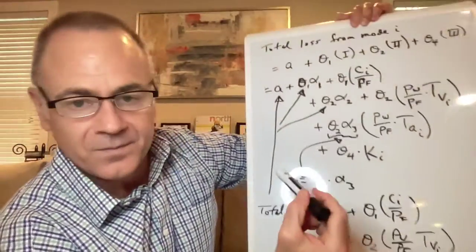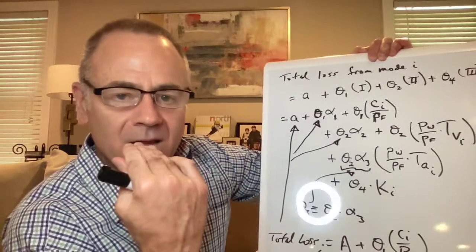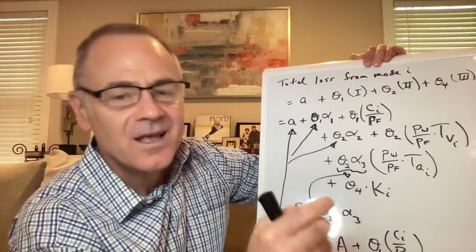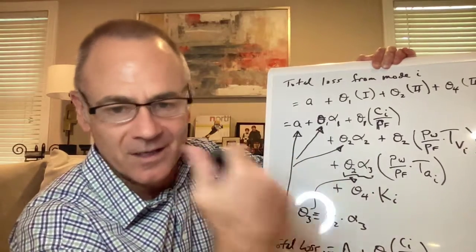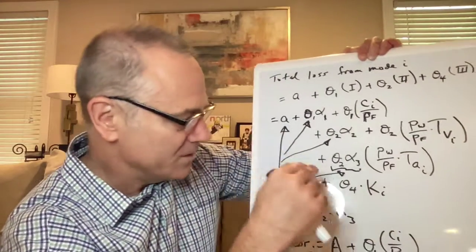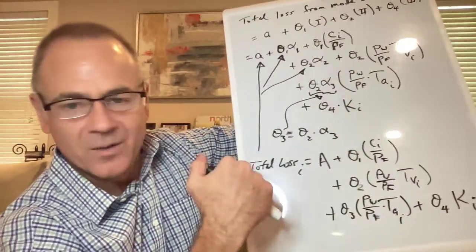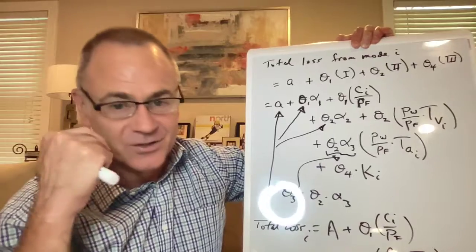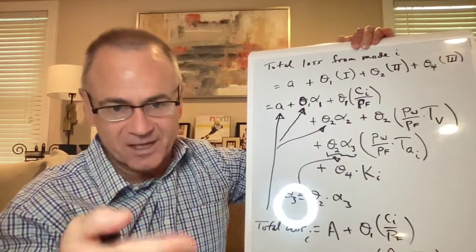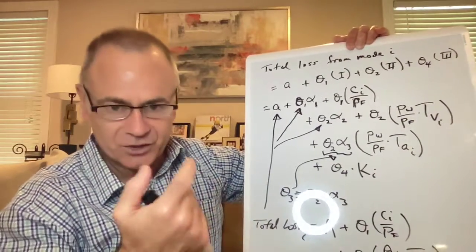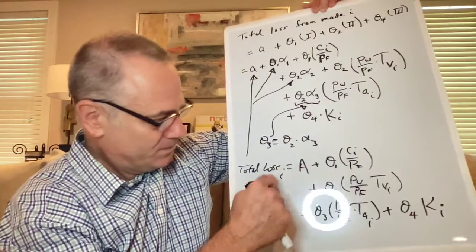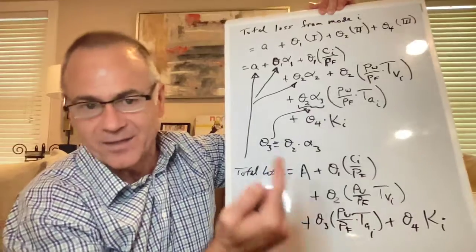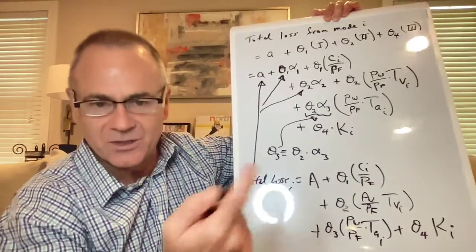Now, I said the recipe for creating a likelihood function is you pick your dependent variable. Your dependent variable is going to be, first, for consumer 1, which mode of transportation does he or she choose? Here's what the loss is for those modes of transportation.